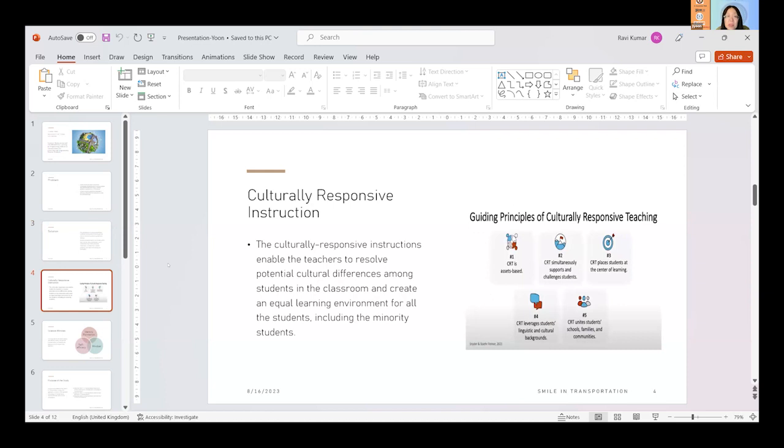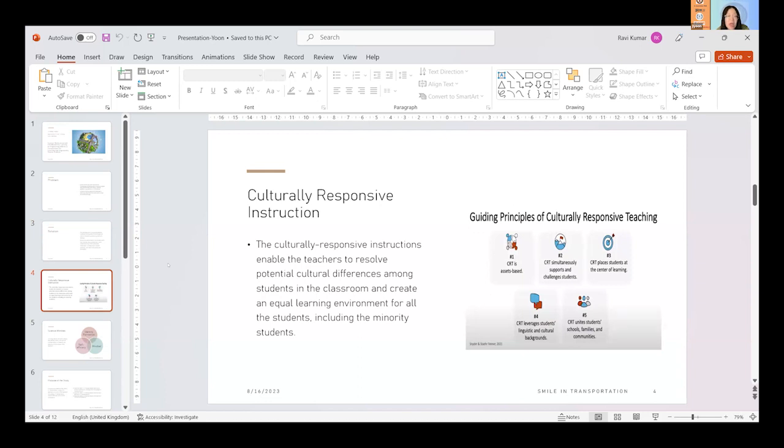So this study tried to educate future STEM teachers to learn how to develop culturally responsive instruction. Culturally responsive instruction enables teachers to resolve potential cultural differences among students in the classroom, and also creates an equal learning environment for all students, including the minority students.